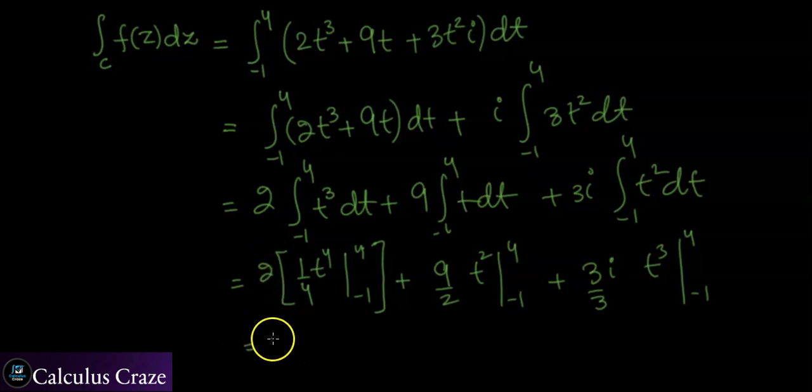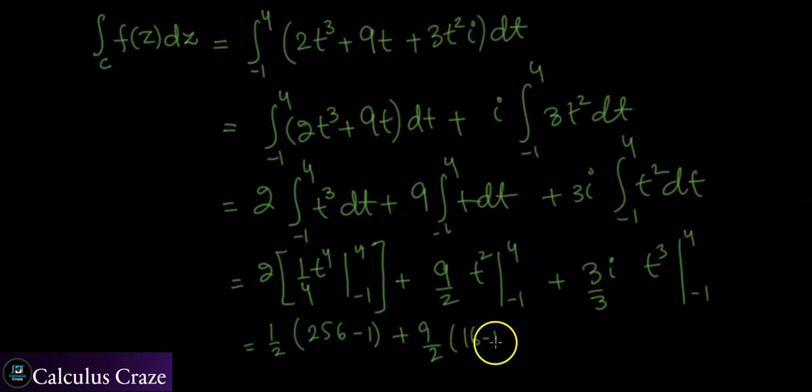So this is going to be 1 over 2 times, when you substitute the limits, you will get 256 minus 1, plus 9 by 2 times 16 minus 1, plus iota times, so t cube is 64 plus 1.